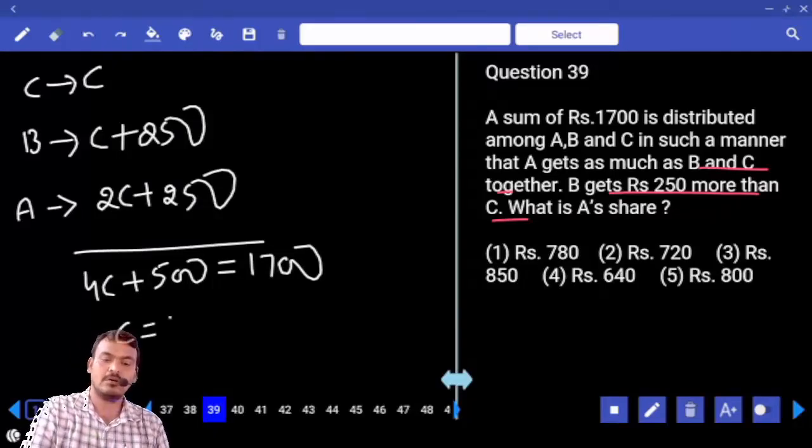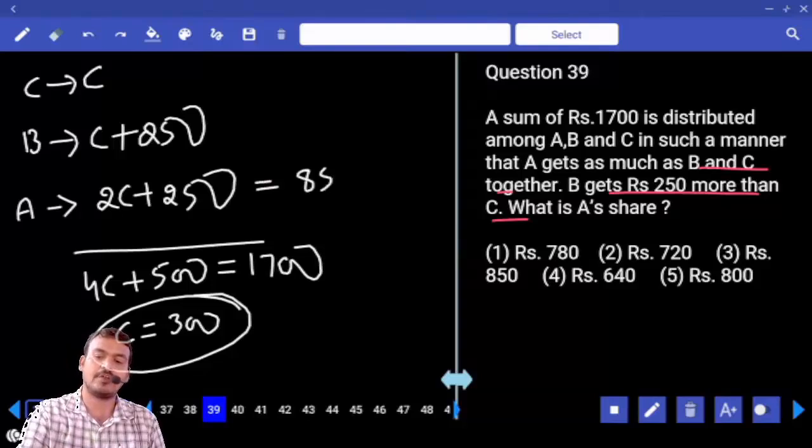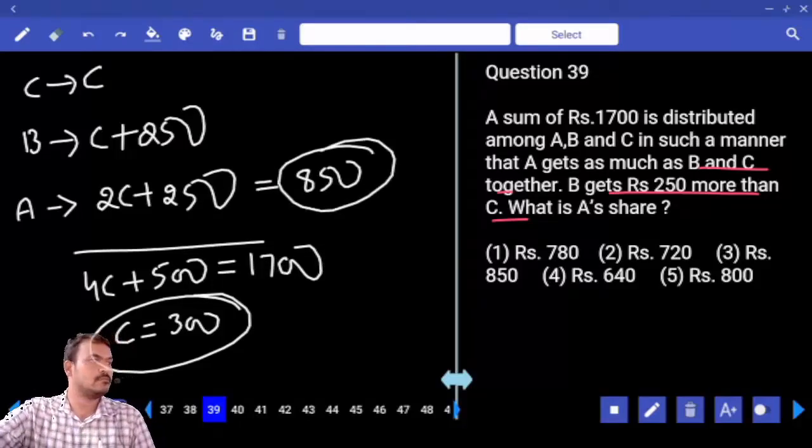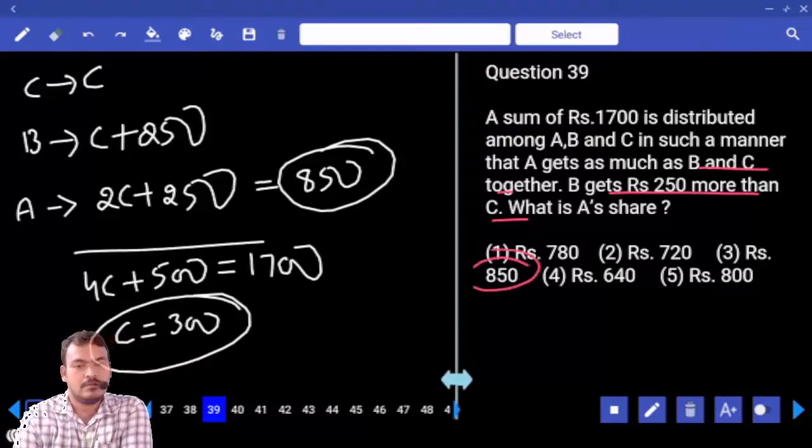C value is 300. But which share do we require? A share. Then A share is 600 plus 250, how much? 850. We required A share.